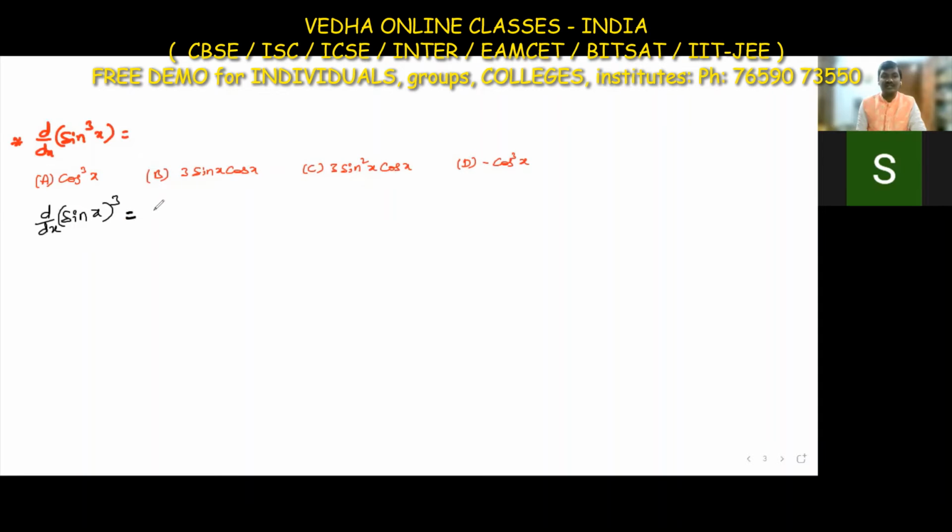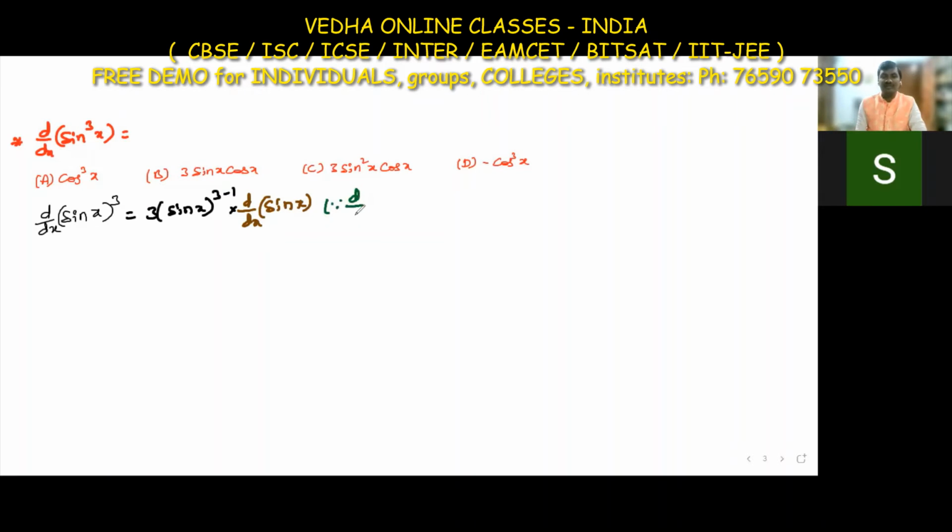We can write it as 3 into sine x to the power 3 minus 1, using the x power n formula. But in place of x, we have some other function, right? In place of x, we have the sin x function. So we differentiate that function again, the internal derivative.